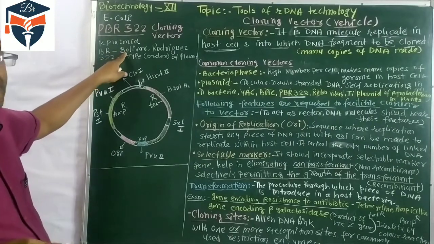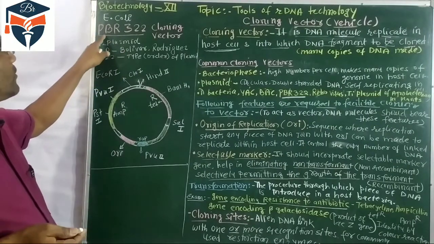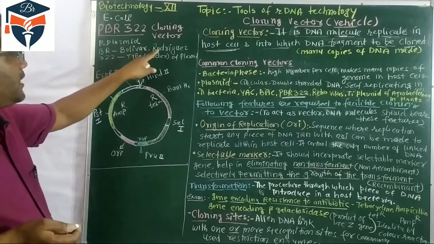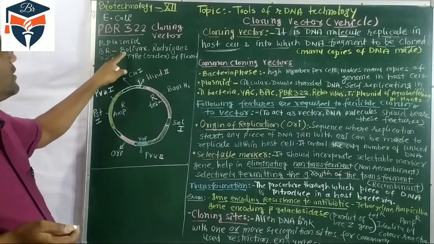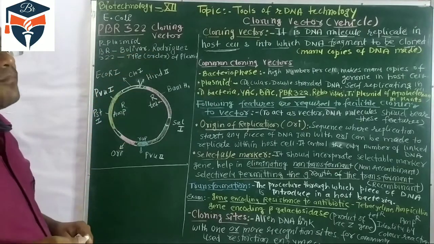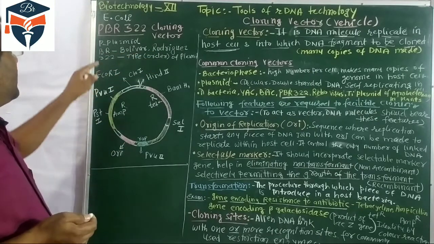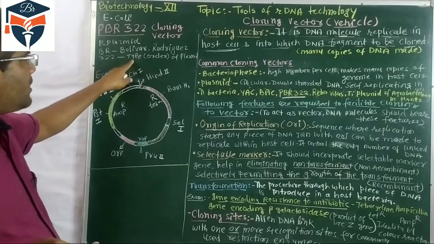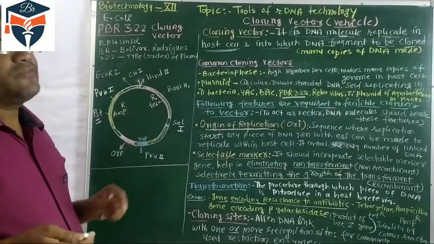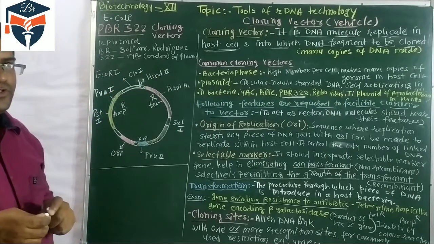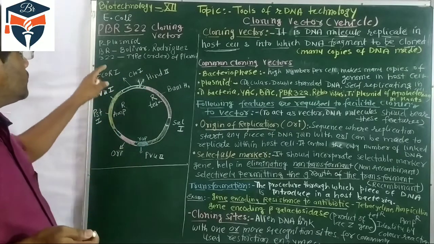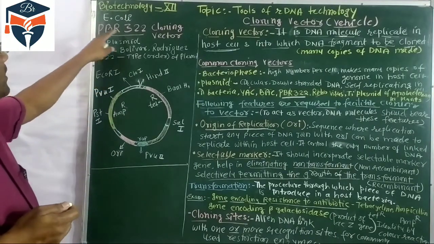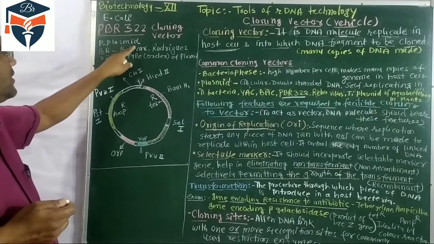B and R are from the names of the scientists who discovered the cloning vector. B is for Bolivar and R for Rodriguez, the names of the scientists. And 322 is the type of strain, or the order of the plasmid strain which was isolated.